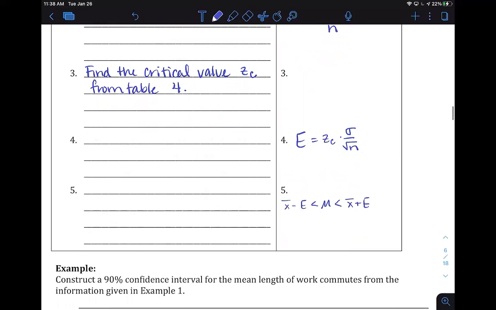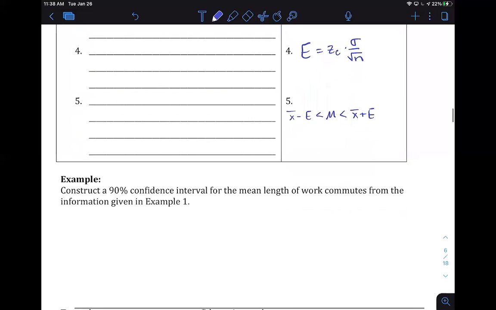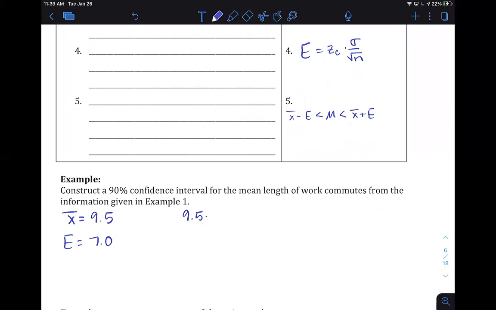Okay. So if we wanted to construct our 90% confidence interval, we found that our X bar equals 9.5, and our margin of error E equals 7.0. We're simply going to subtract and add those. So we're going to do 9.5 minus 7.0 is less than mu, which is less than 9.5 plus 7.0.